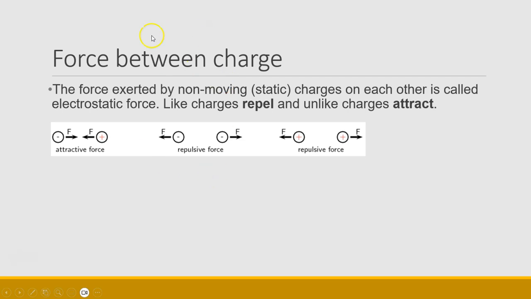So if we come back to this diagram over here, imagine we've got a certain positive charge and a certain negative charge, so there's an attractive force between the two. But if I move them closer to each other, then that attractive force becomes stronger. The same applies here. If I move the two negative charges closer to each other, then their repulsive force becomes greater.